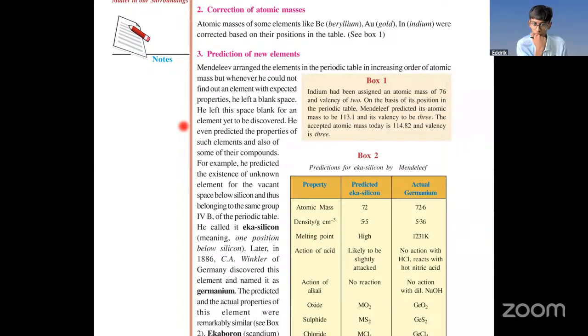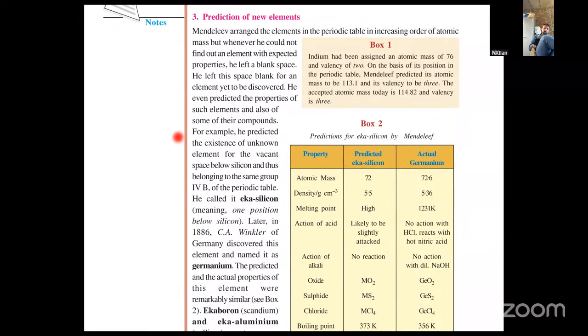Now he predicted that some new elements would also be discovered. He knew that all 63 elements were arranged, but he also knew that in the future some more elements would become known, and he left those places in the form of eka silicon and eka boron.